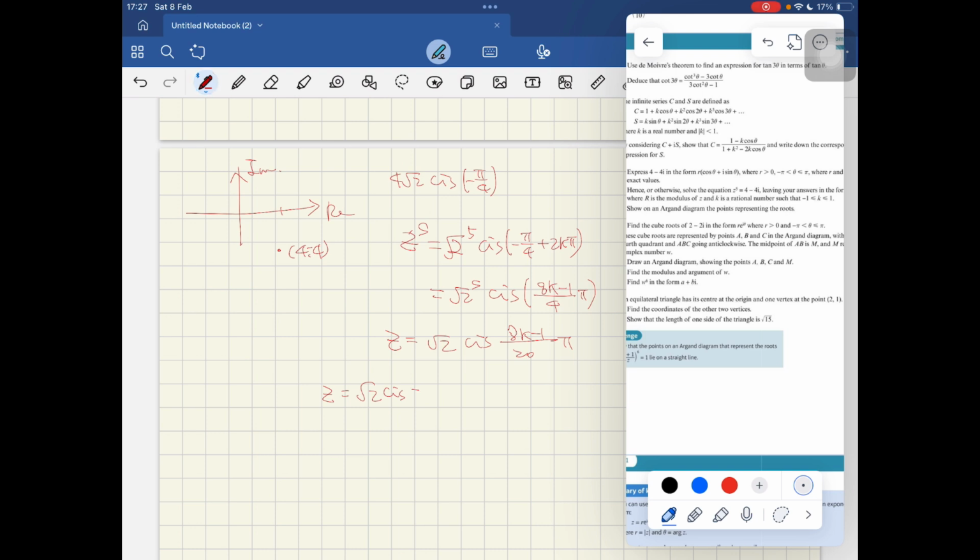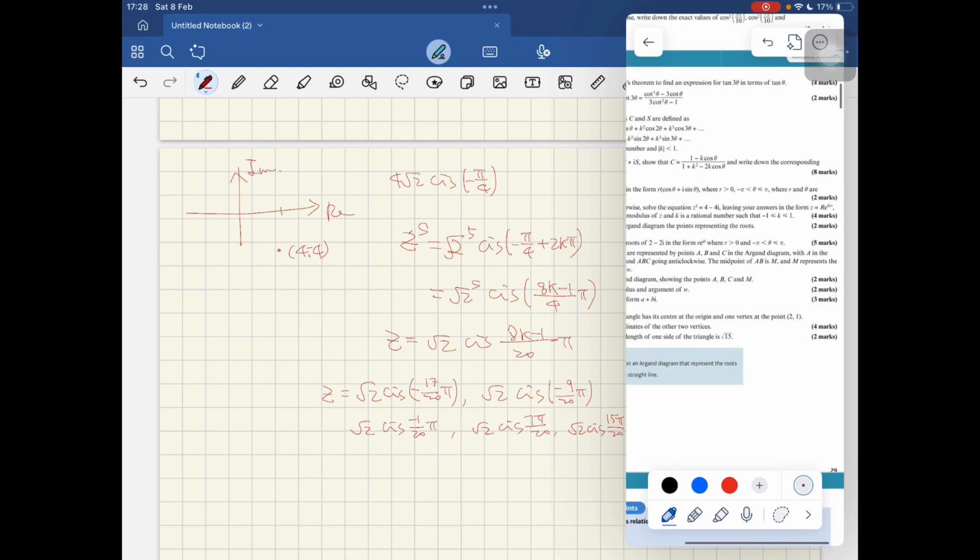When k is negative 2, we get square root 2 cis negative 17 over 20 pi, square root 2 cis negative 9 over 20 pi, square root 2 cis negative 1 over 20 pi, square root 2 cis 7 pi over 20, and square root 2 cis 15 pi over 20. So now we have 5 answers.